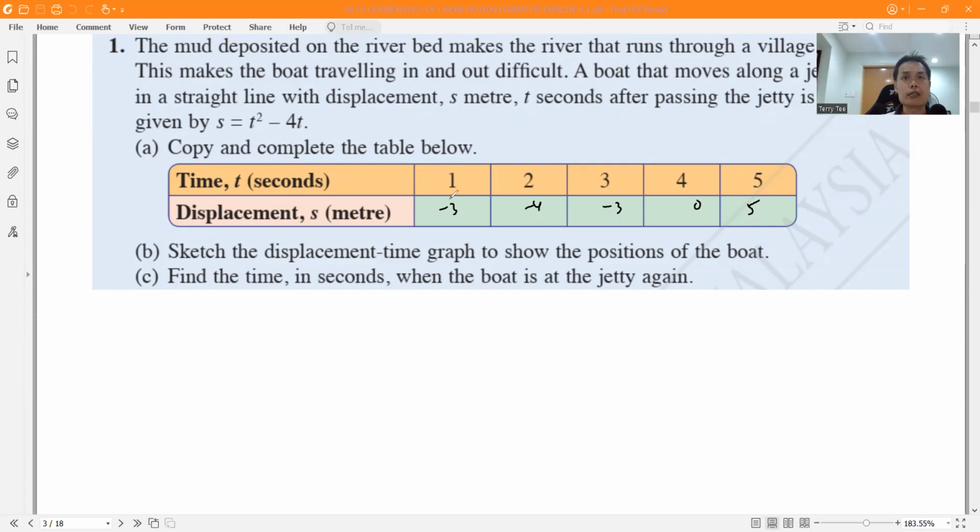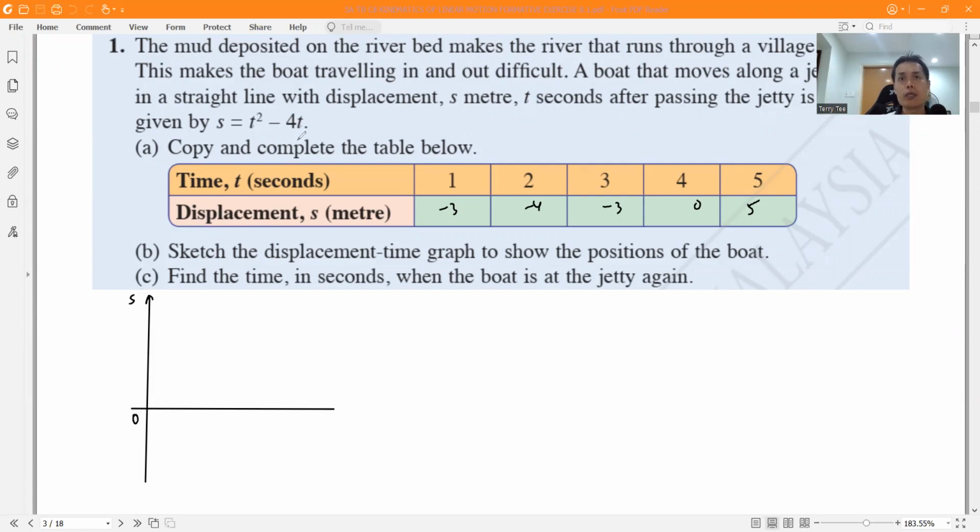Here they didn't mention the domain, so we can just sketch like this, horizontal and vertical. I have to start from 0, because when you start the clock, t is 0. So this is your displacement.